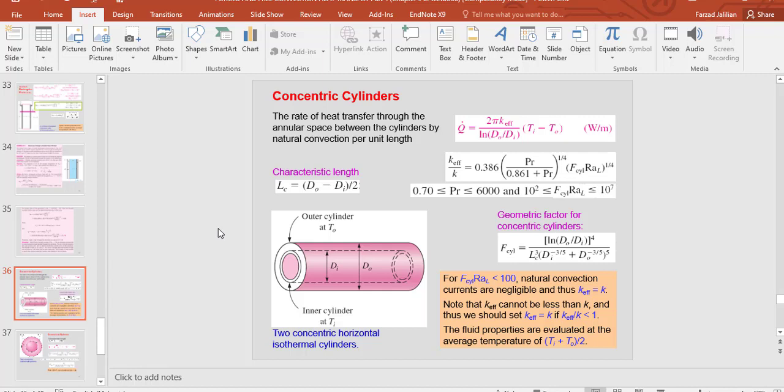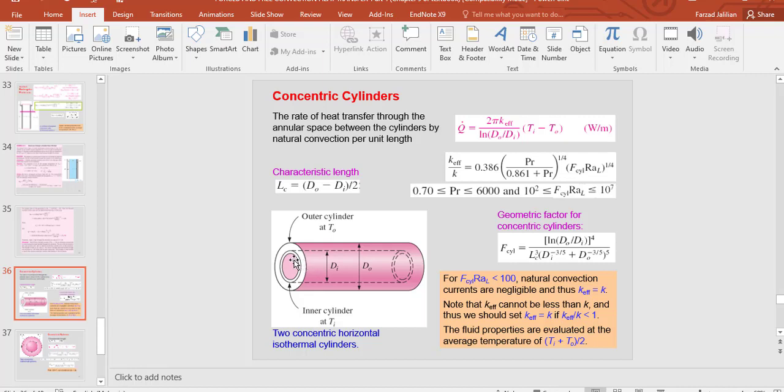One of the common geometries is these concentric cylinders. As you can see here, two cylinders put together like this with this diameter, and between them we have some kind of fluid between these two different surfaces.